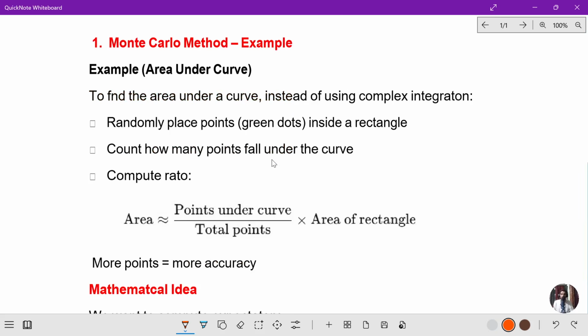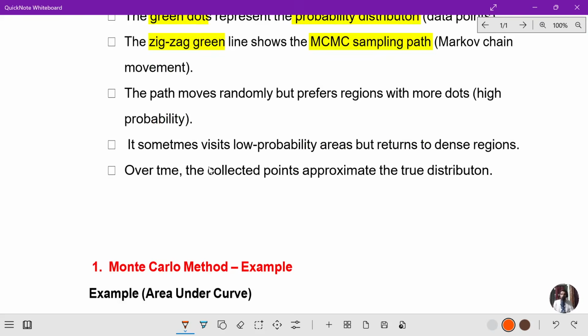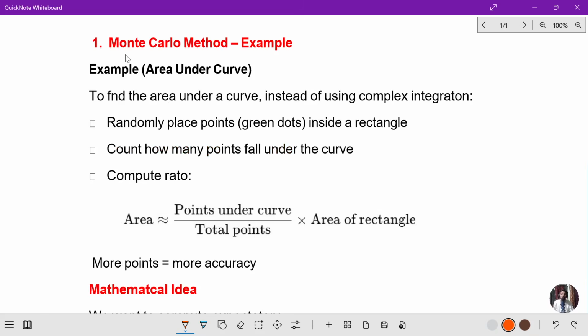Let us see an example of the Monte Carlo method: finding the area under a curve instead of using complex integration. Generally, how do we find the area under a curve? We use integration. Instead, we randomly place points, the green dots, inside a rectangle.